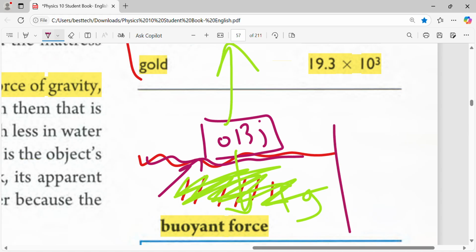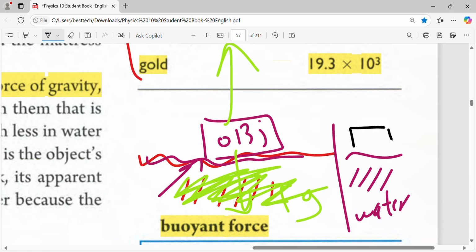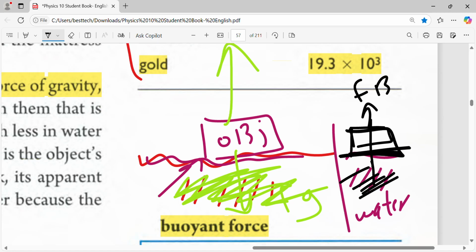Look, another picture. This is the water. We have this object on the water, and we said Fb is always upward. This is the force of the water that affects this object to stay on the surface. Because of this buoyant force, the object can stay on the surface; the water has a buoyant force from the upward direction that pushes this object to stay on the surface.